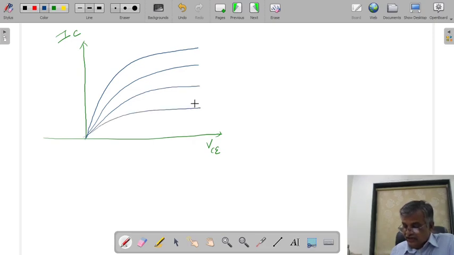You can see such characteristics on a cathode ray oscilloscope, on a CRO. You can insert your transistor; there are 3 leads given on the panel of the CRO. As you insert it, you can see such characteristics.